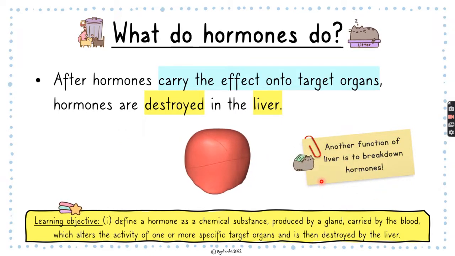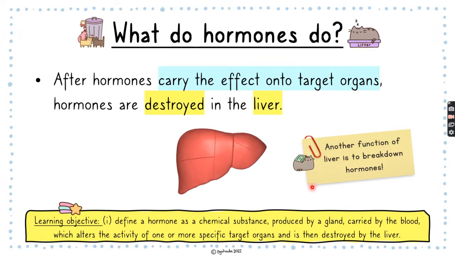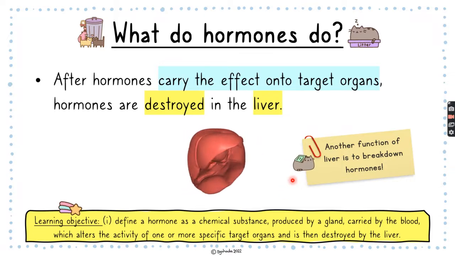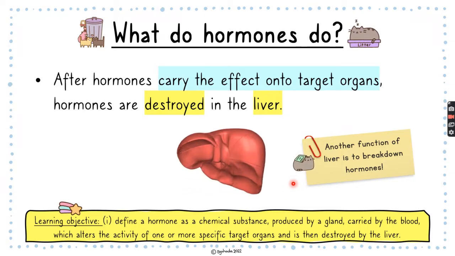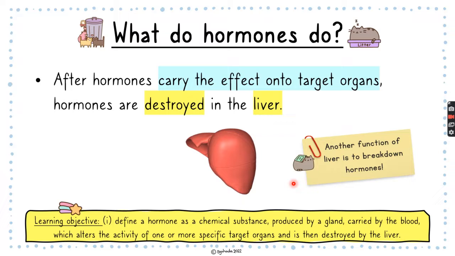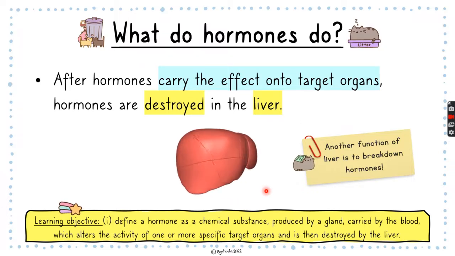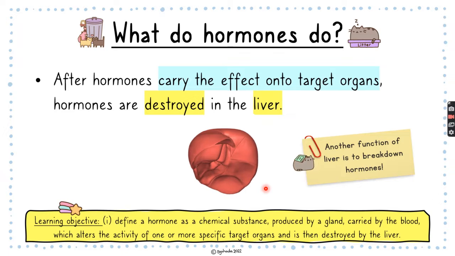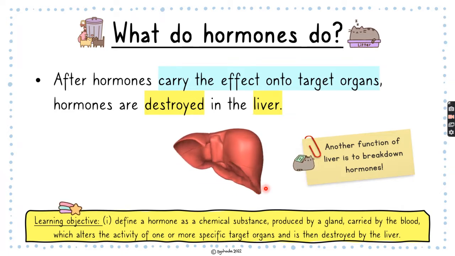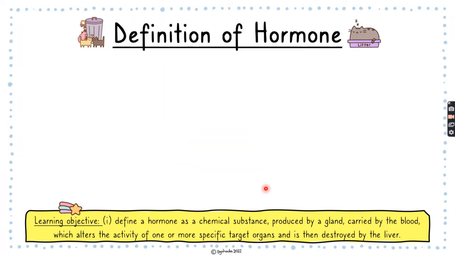Remember, hormones are made up of proteins, so the liver also does that. The liver does break down protein into urea, and that is to do with excess proteins, but in this case we are breaking down hormones, which are also made of proteins.